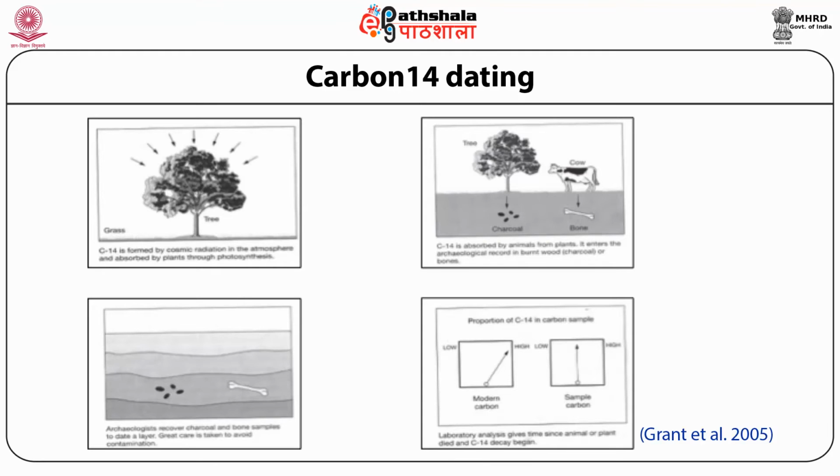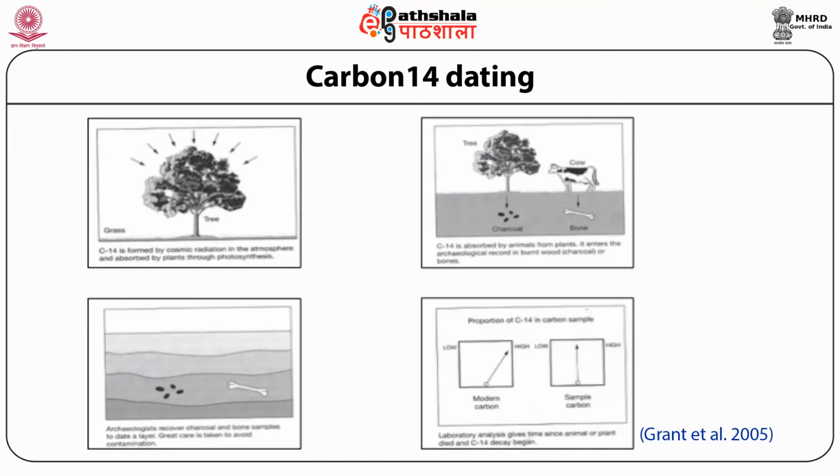After the death of the animal or plant, the radioactive carbon-14 begins to decay and carbon-12 remains the same. By measuring the ratio of carbon-14 and carbon-12, the amount of carbon-14 present can be calculated.